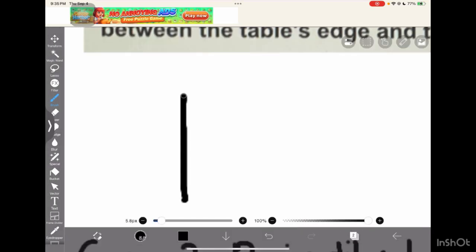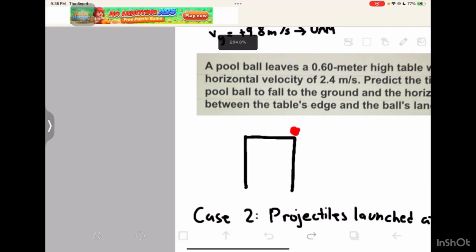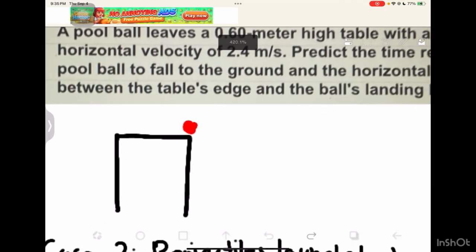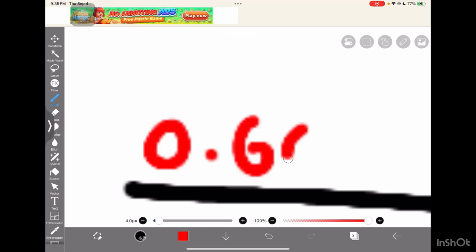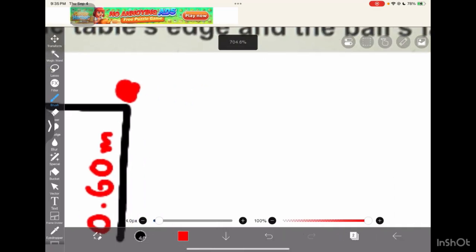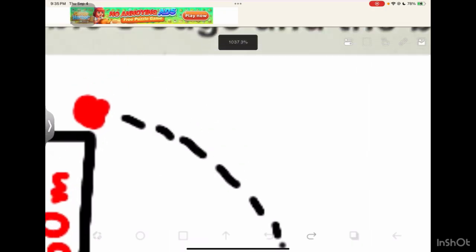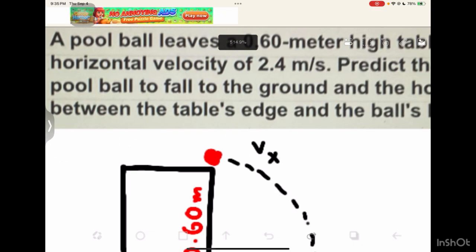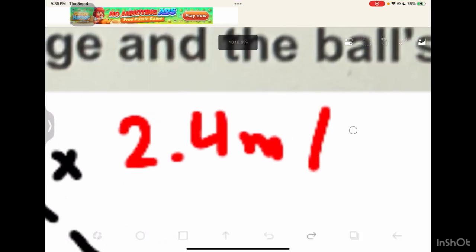So we have a pool table here, right? Then we have a ball, let's make it red. So it's a 0.60 meter high table, and it has a horizontal velocity. So let's draw the trajectory. So we know that v sub x, or its horizontal velocity, is 2.4 meters per second.